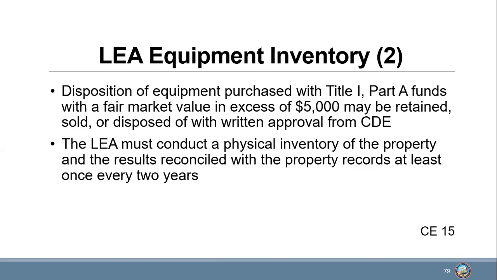The second bullet talks about a physical inventory of the property. Please know that that's not the only thing that the inventory requires. There are a number of other columns that that document needs to have. Again, check the CMT and our instrument, and it lists all the requirements for an inventory.